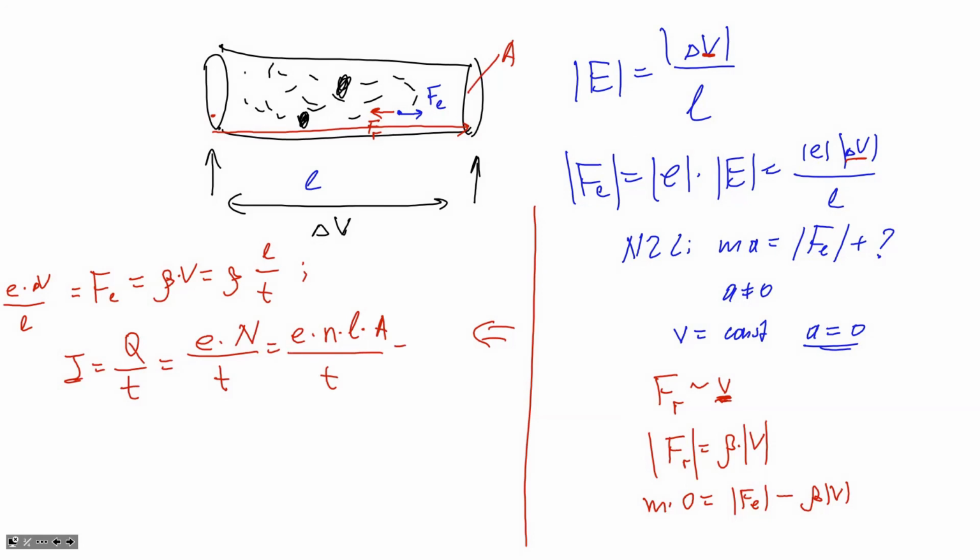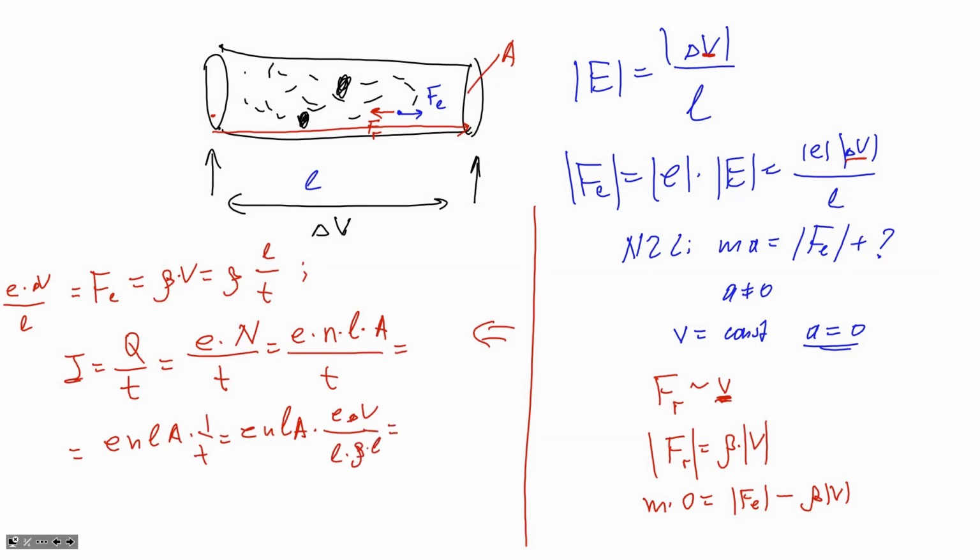So I can now continue: charge, density, length, area, times 1 over T. Charge density length area times charge voltage over length over beta over length again.